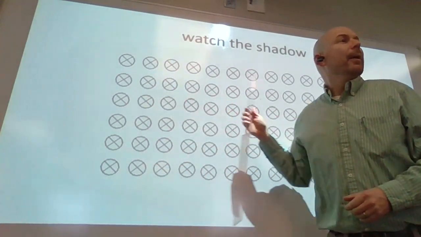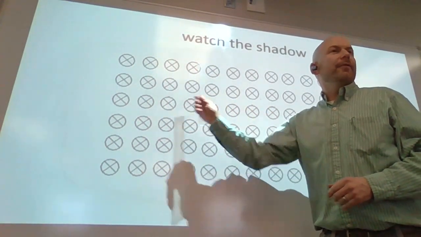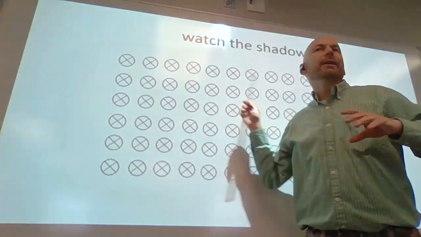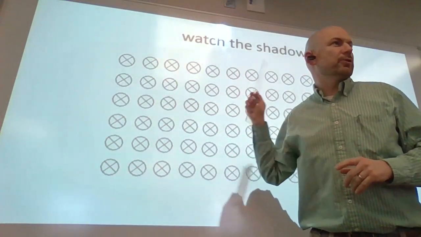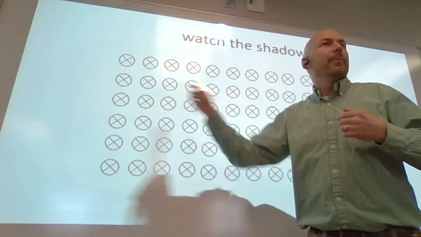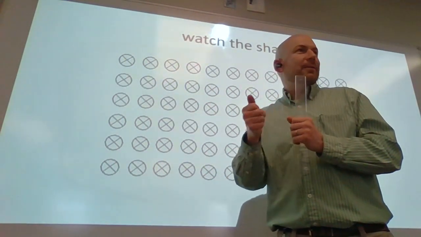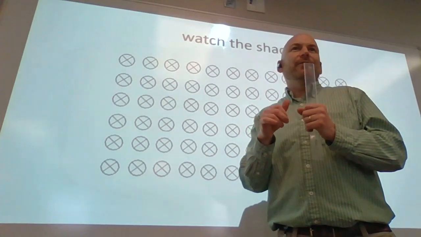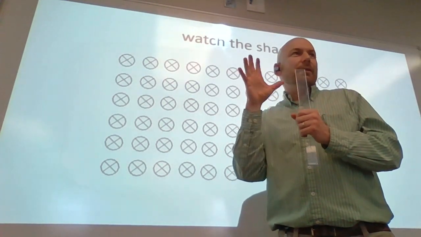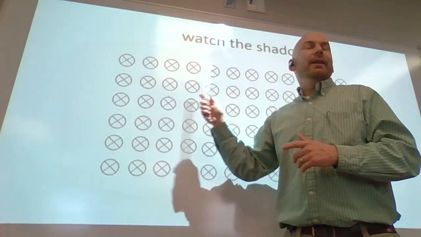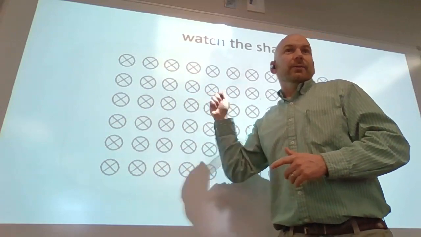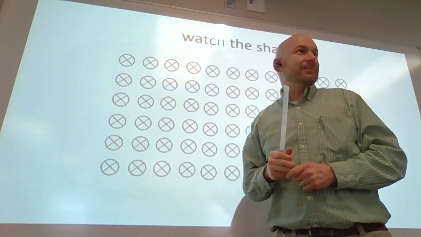If I do this faster, it will still flicker. But if I go up faster, kind of like a flip book, I can prevent it from getting dim and just keep it on. In the United States, we do this 60 times a second.